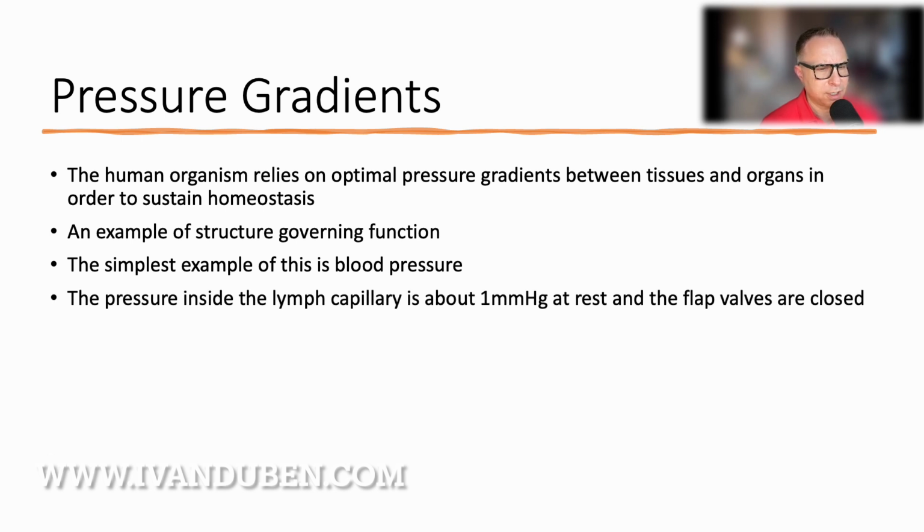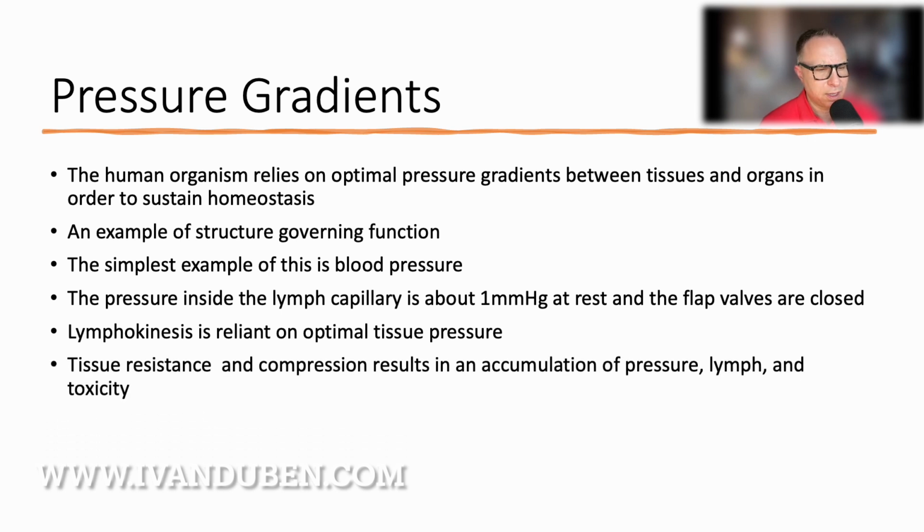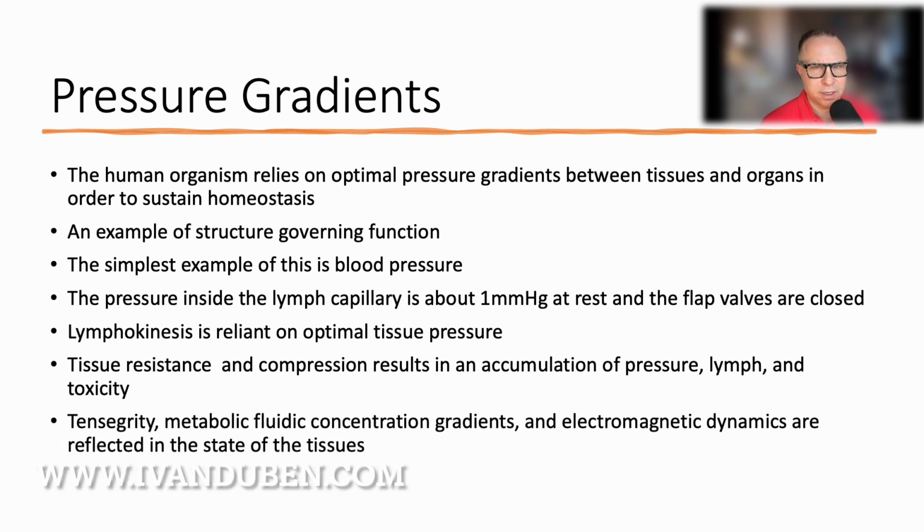The pressure inside the lymph capillary is about 100 mmHg at rest, and the flap valves are closed. Lymphokinesis is reliant on optimal tissue pressure gradients. Tissue resistance and compression results in an accumulation of pressure, lymph, and toxicity.